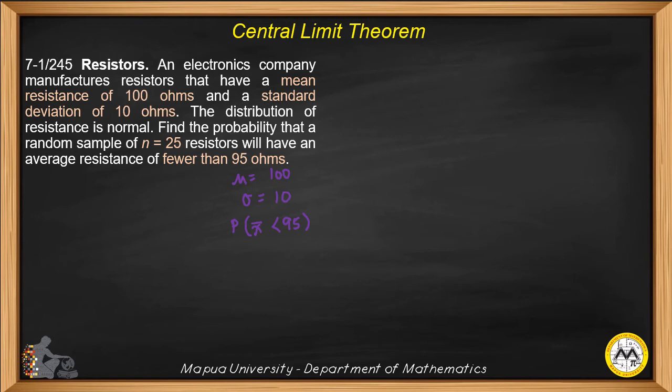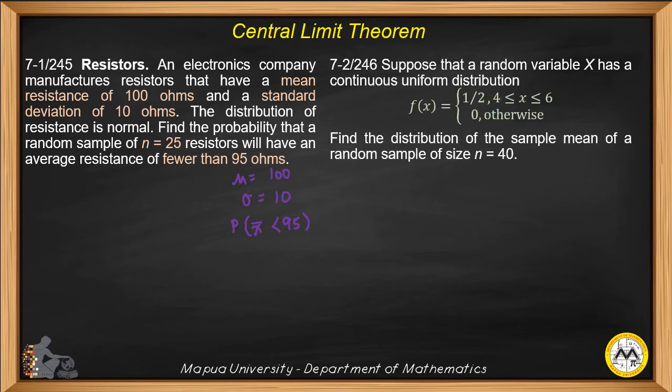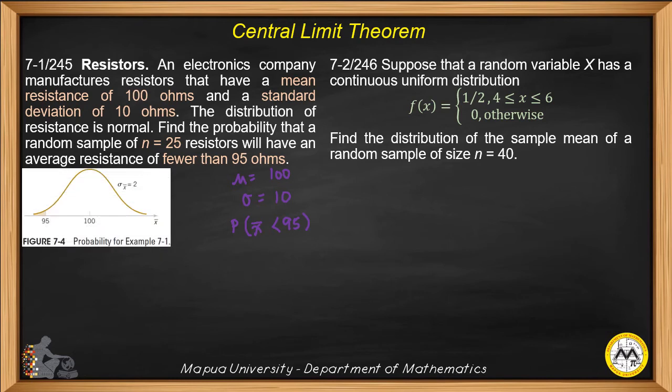So let's have that with this illustration. The mean is at the center, it would be 100. So this is the mean. Now the standard deviation is 2. How come it becomes 2?